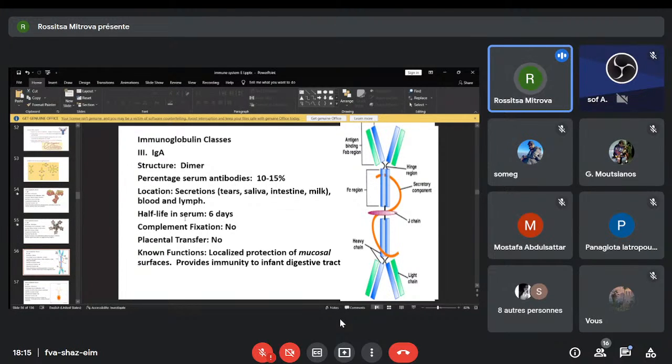Half-life only 6 days, does not fix complement, and there is no placenta transfer. One very important function is the localized protection of mucosal surfaces, provides immunity to the infant digestive tract.